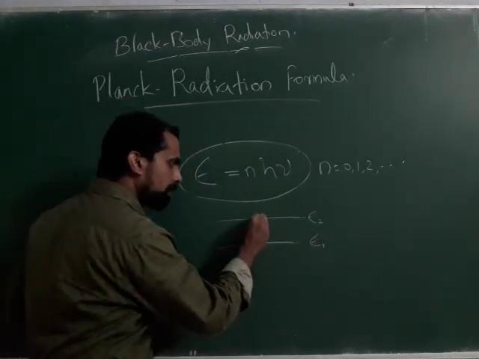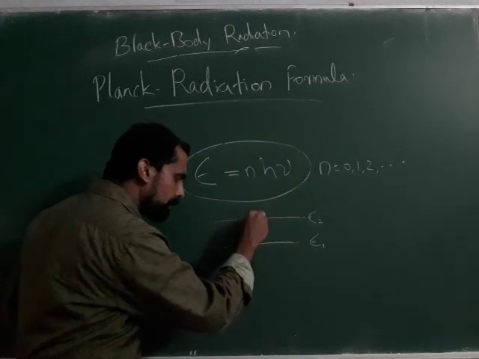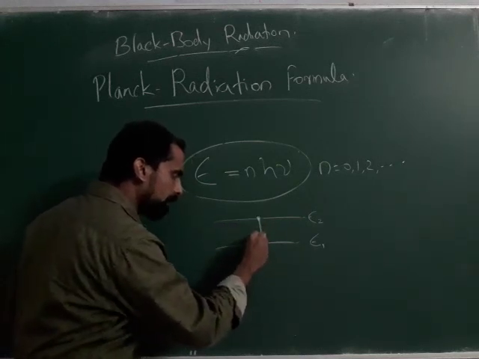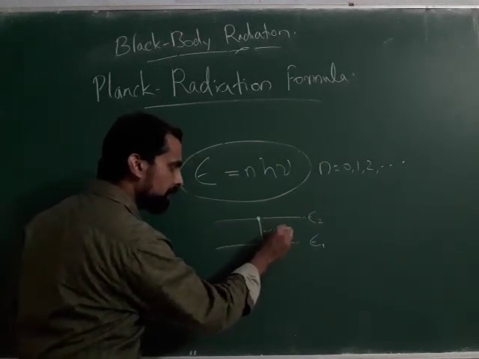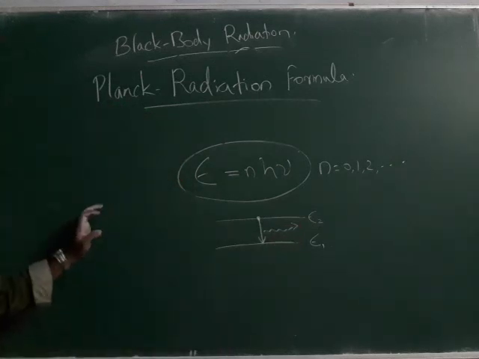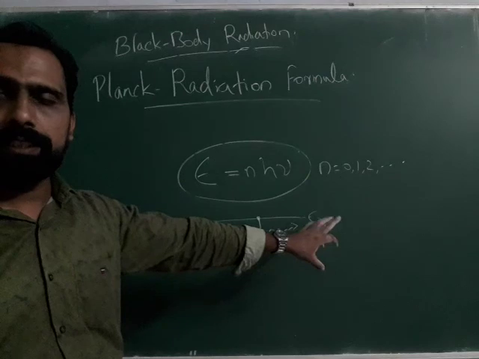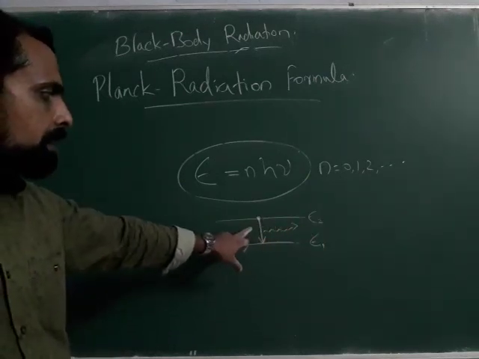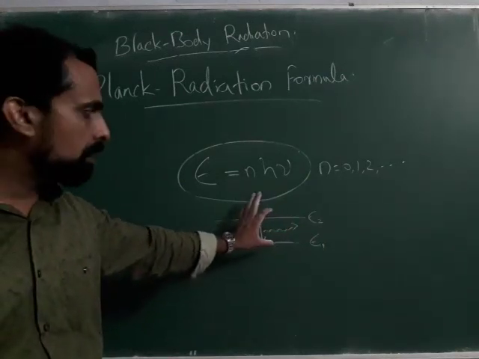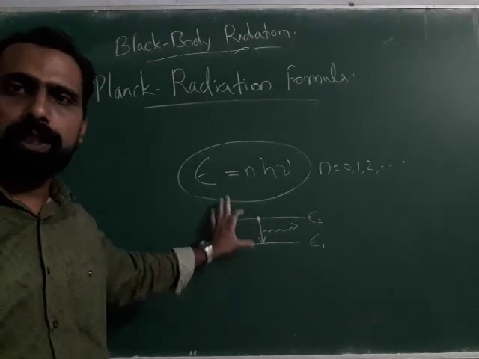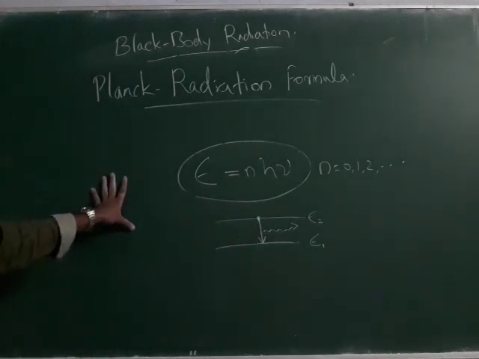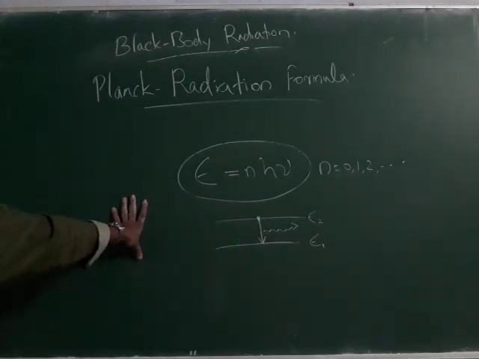Then when it drops from this energy level to this energy level, there is a radiation that comes out, and this radiation has the energy of the difference of these two levels. So the things are discrete now.